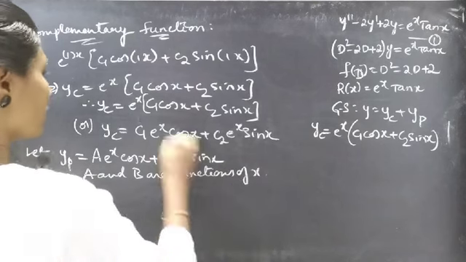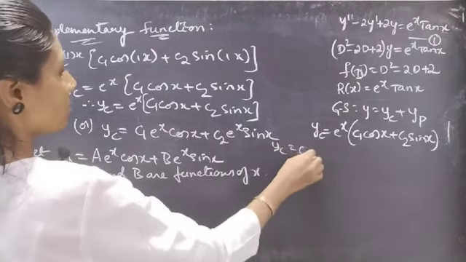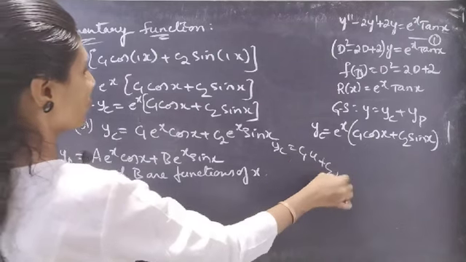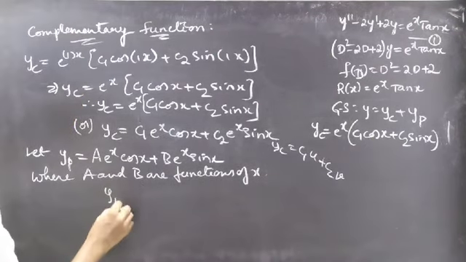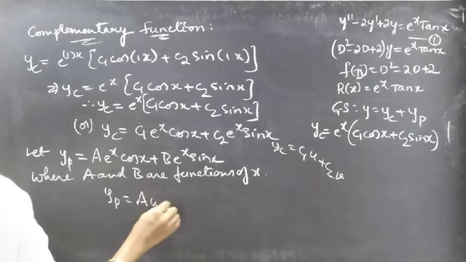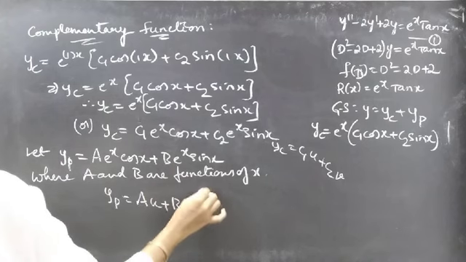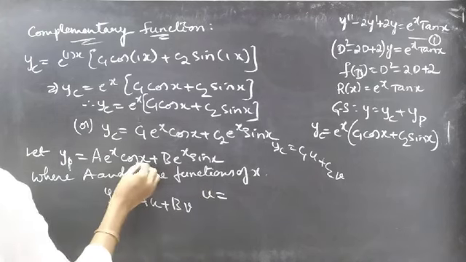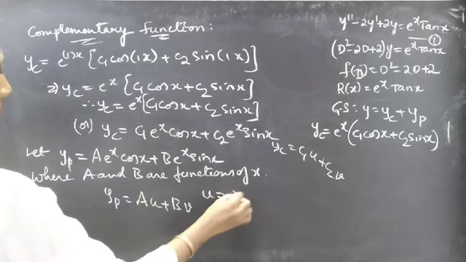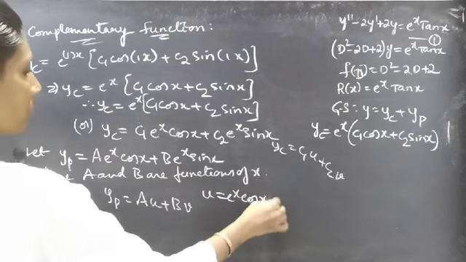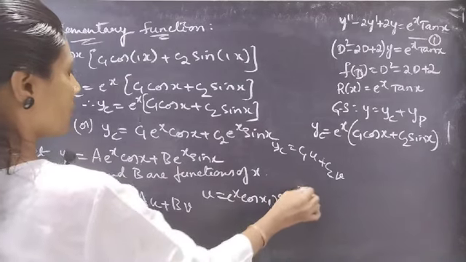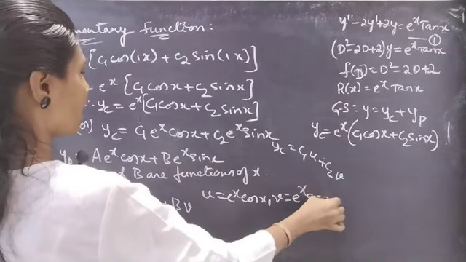And if you compare yc with c1u plus c2v, or yp with au plus bv, we'll get u equal to e power x cos x and v equal to e power x sin x.